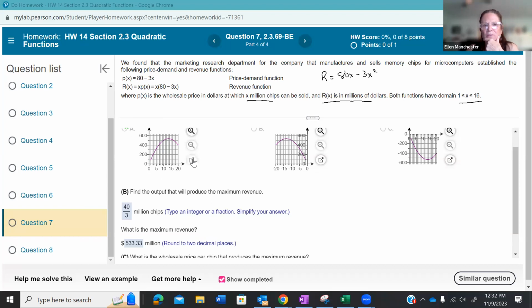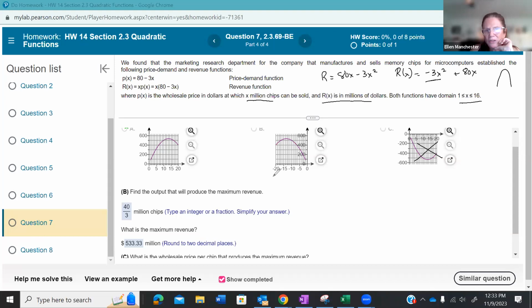If I rewrote it in descending order, remember how we talked about the first term being positive or negative? Well, because your first term is negative, you actually have a maximum, right? So look at your three graphs. This one is out because that's showing a minimum. Okay. Now look at the other two remaining.